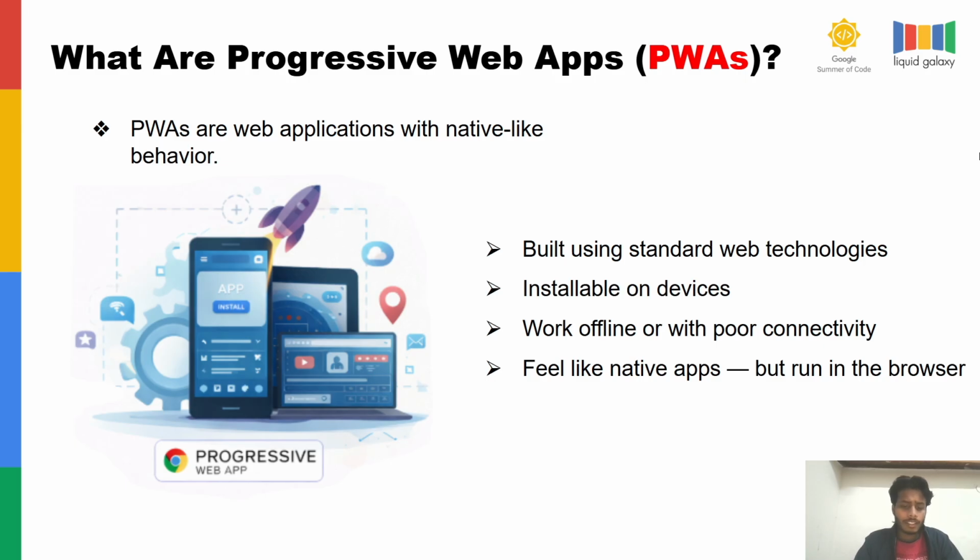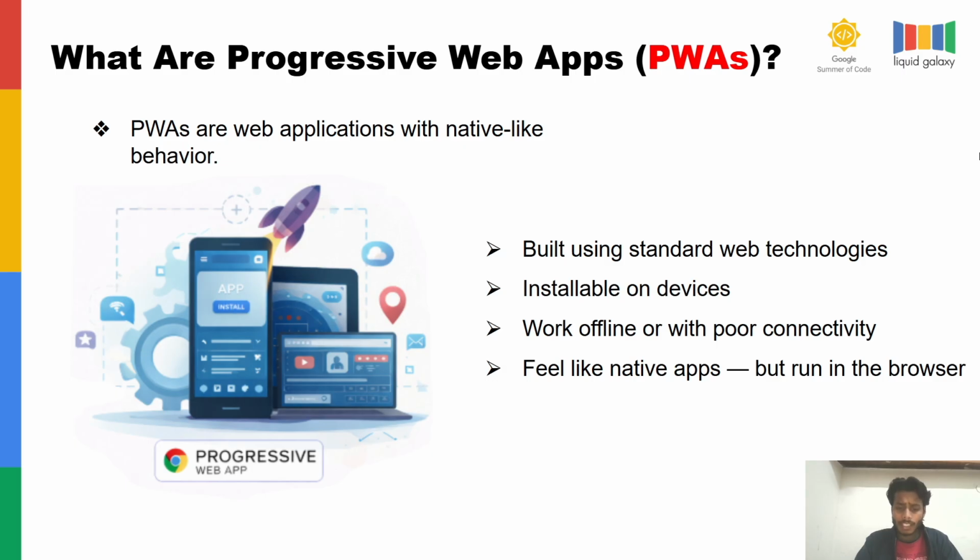Let's break this down. First, PWAs can be installed on a device. This means a user can add a PWA to their home screen or desktop. Once installed, it looks and feels like a regular app, not just a browser tab. Second, PWAs can work offline or in poor network conditions.